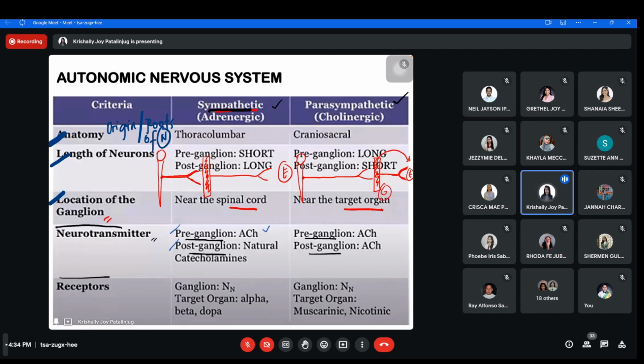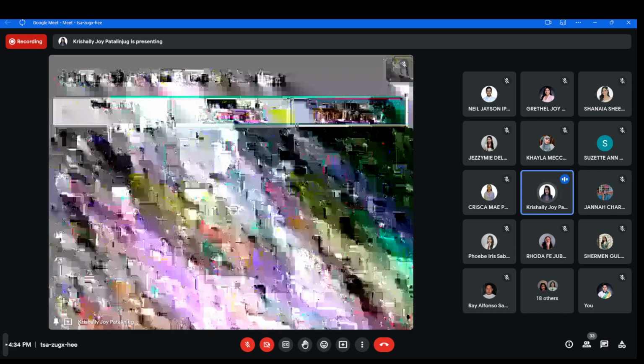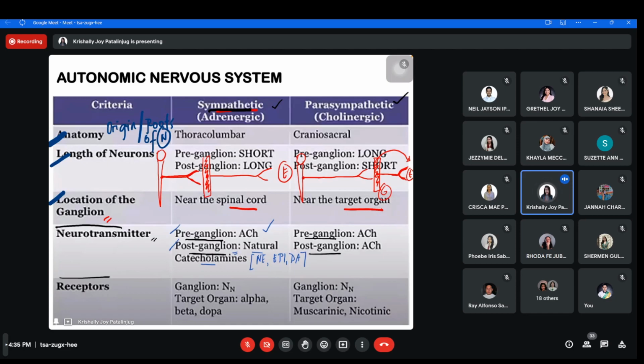And then for the postganglionic neuron, we have the natural catecholamines. And when we discuss natural catecholamines, this includes the following: norepinephrine, epinephrine, and also dopamine. I repeat, these are specific examples of natural catecholamines: norepi, epinephrine, and dopamine.